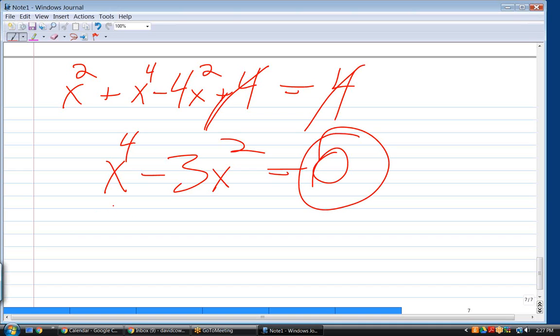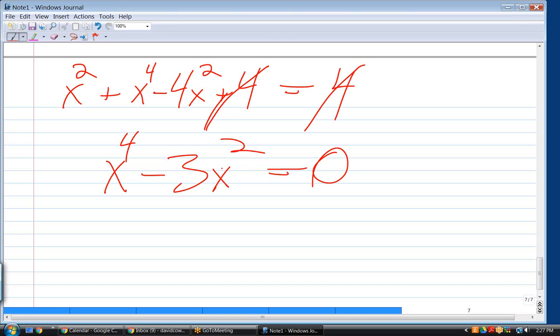In other words, if I have one quantity minus another quantity and it's equal to 0, that does not help me. I cannot solve that. If I have one quantity times another quantity and it's equal to 0, I can solve that. You can't multiply 2 things together and get 0 unless one of them is 0.